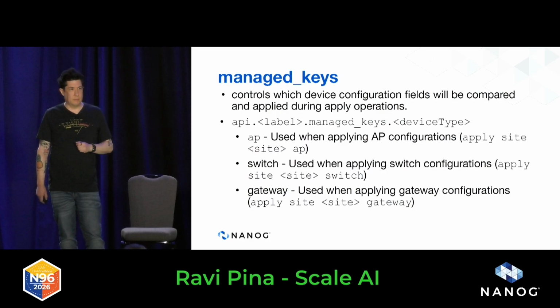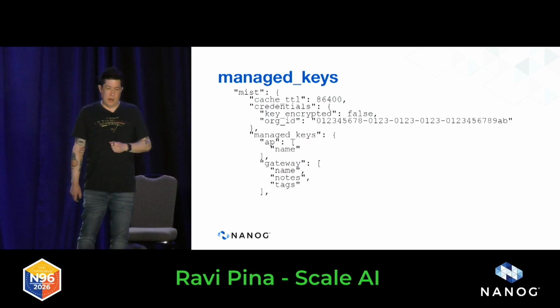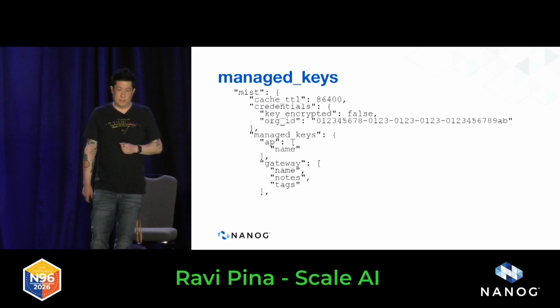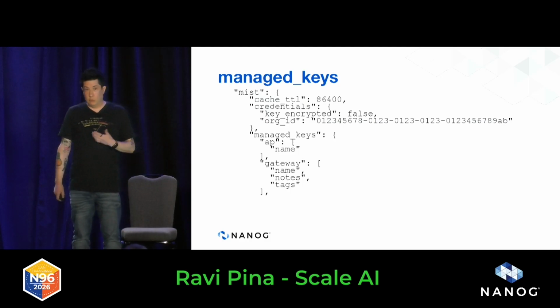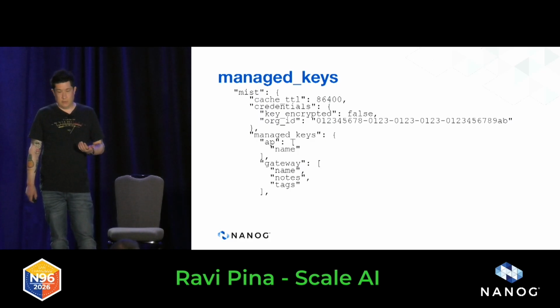AP is really the most supported one, but again, switches and gateways will eventually come through. And you see here, the only key that we really want to manage with AP in this example is just the AP name. Any other attribute that might be pulled down from the API will be visible, so you'll be able to see the differences. But when you apply the configuration, it's only going to be affecting the name.